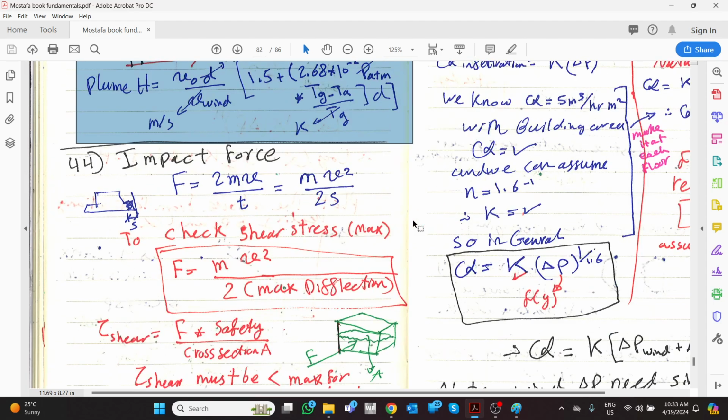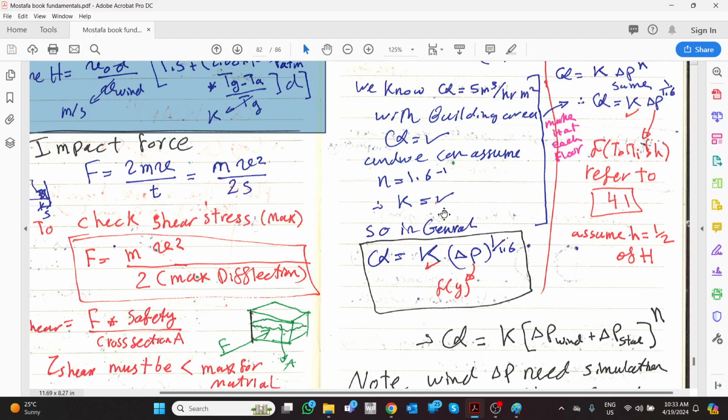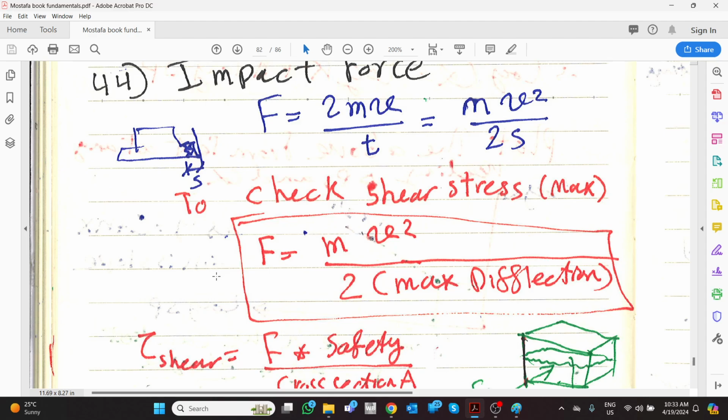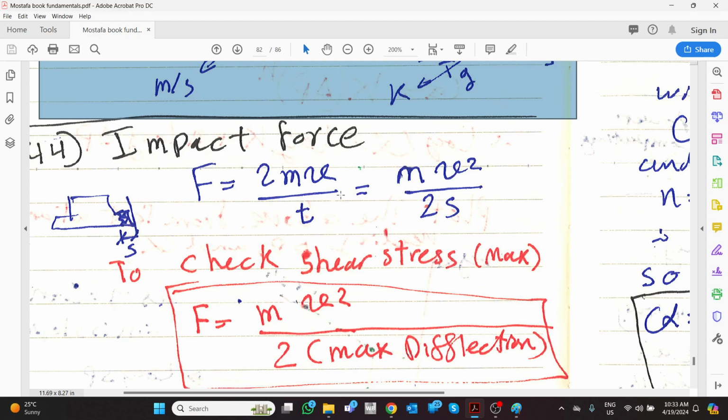Also, there is one point that is not related to fluid, but you need to know it in case you have any impact. It is solids, by the way. So if you have a force, and somebody asks you, okay, if somebody hits a window, is the window going to be cracked? It's not related to fluid, but it's good to understand the philosophy of the force.